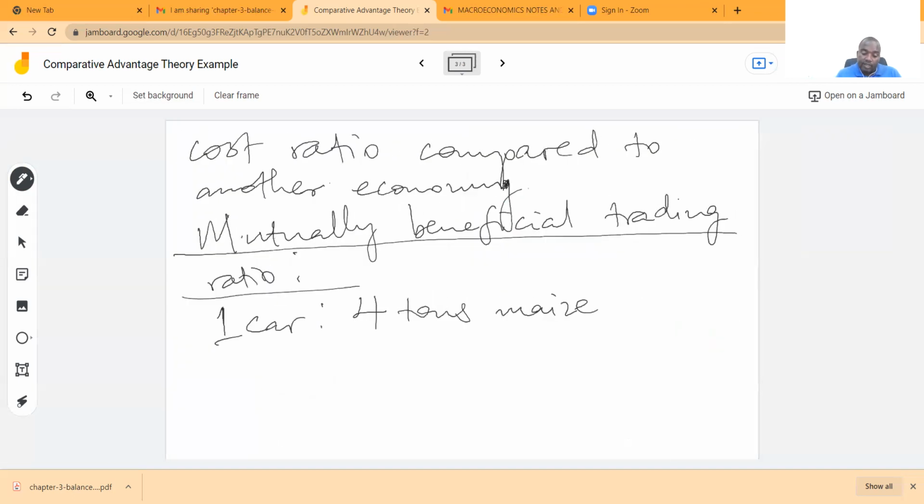And then we ask ourselves, this is one extreme. The second extreme is 1 car is to 6 tons maize. Is this a mutually beneficial trading ratio?